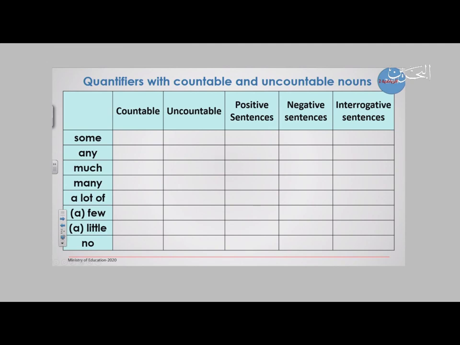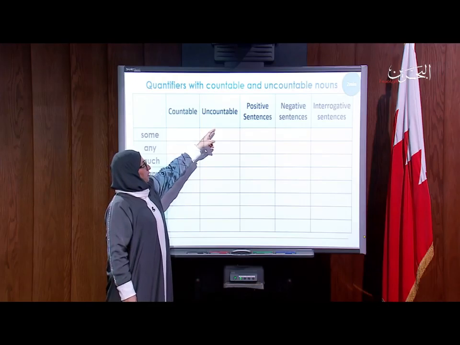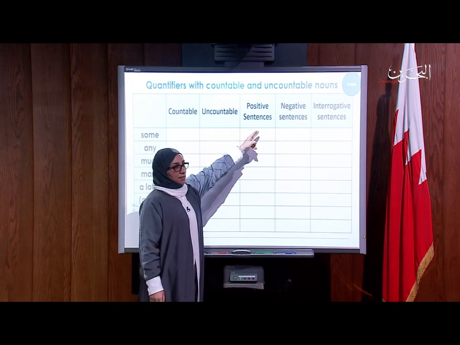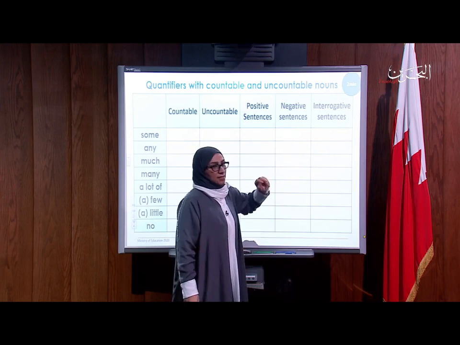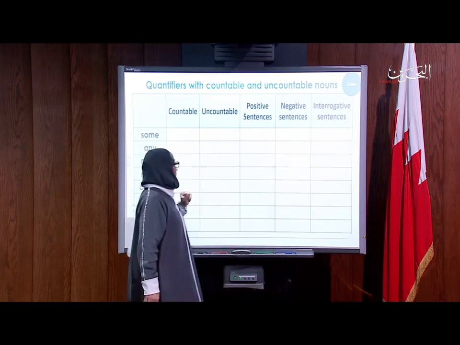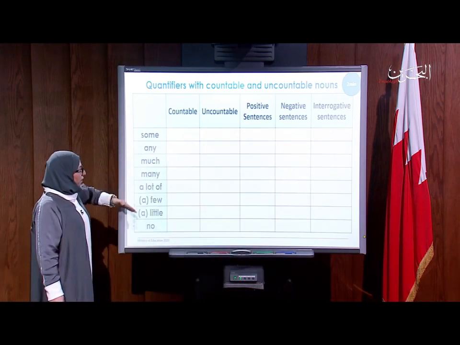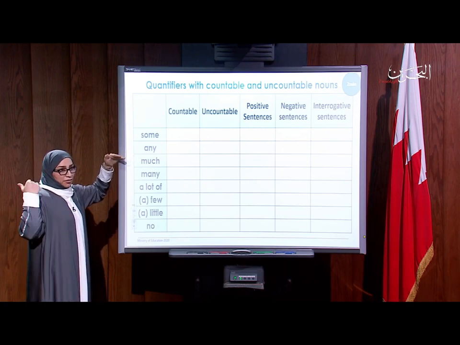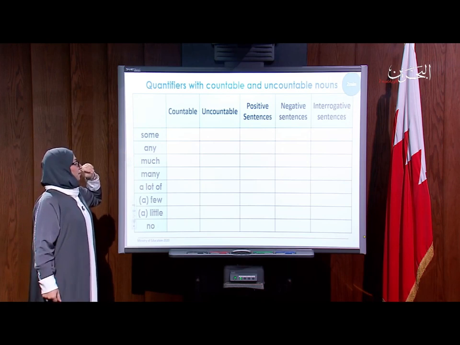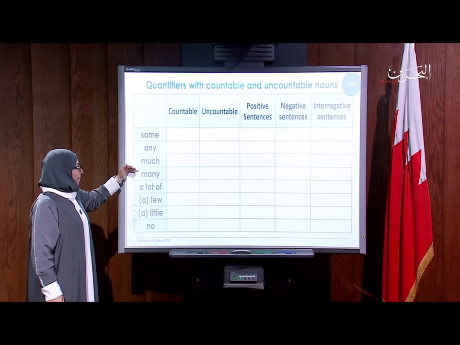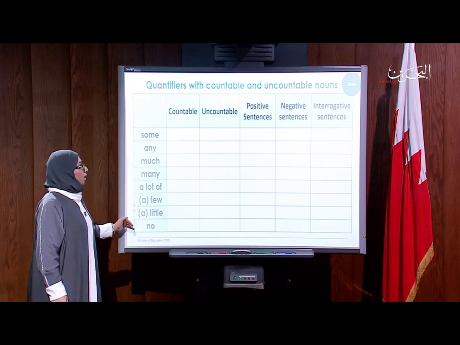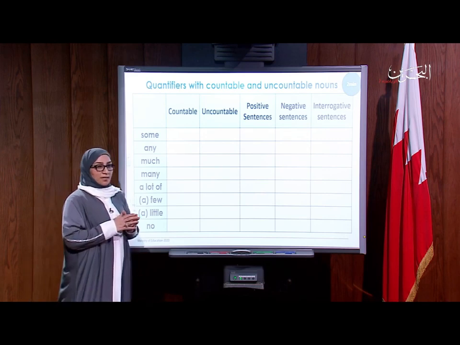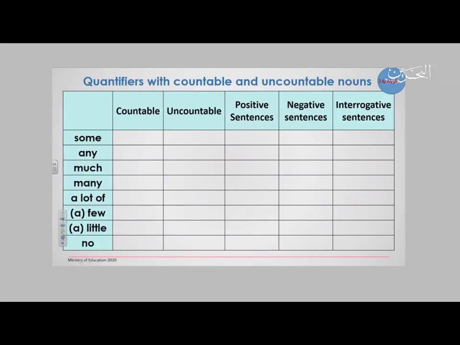You have a table here with columns: countable, uncountable, positive sentences, negative sentences, interrogative sentences, which is the questions. Here are the quantifier words I already introduced in the previous slide. Some, any, much, many, a lot of, few, little, no. I'll give you 2 minutes to try to take the right column.